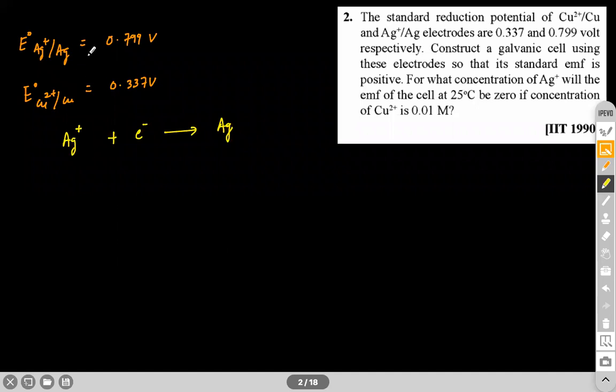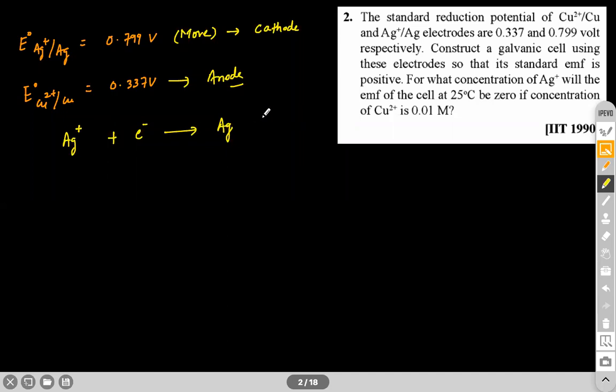So if you compare the reduction potential here, Ag has more standard reduction potential. Hence, when we have these two electrodes in combination, this behaves as the cathode. The one which has more reduction potential behaves as the cathode, and the other one behaves as the anode. Okay, cathode and anode.